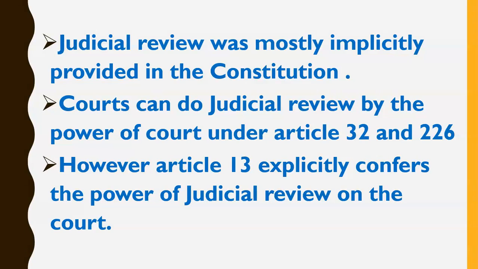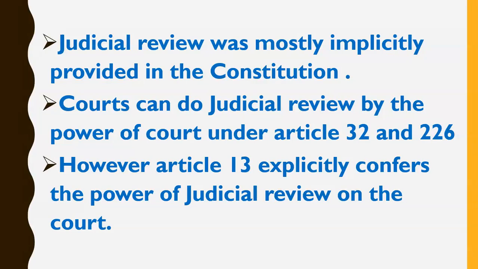And in yesterday's class also I explained to you that for issuing a writ, first of all, the Supreme Court and High Courts have to review the action of the legislature or executive, and after reviewing whether the action is correct or not, whether it is constitutionally valid or not, they will issue the writ.